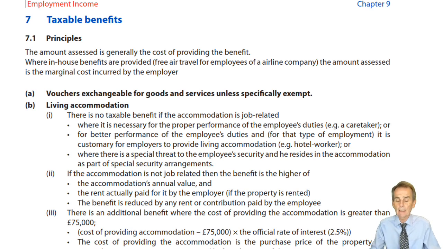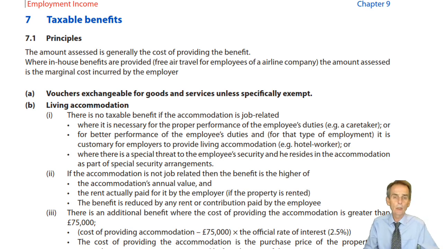Now, this particular introduction to taxable benefits takes us through to, but does not include, probably the most tested area of all, which deals with the provision by an employer of, shall we call it in inverted commas, a company car, and usually what goes along with that car is the fuel paid for in part or in full by the employer as well.